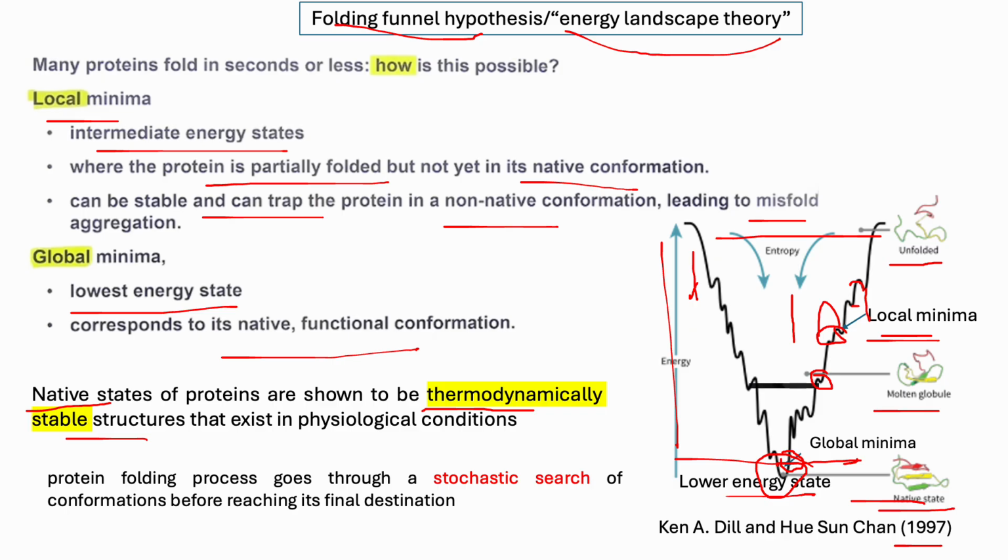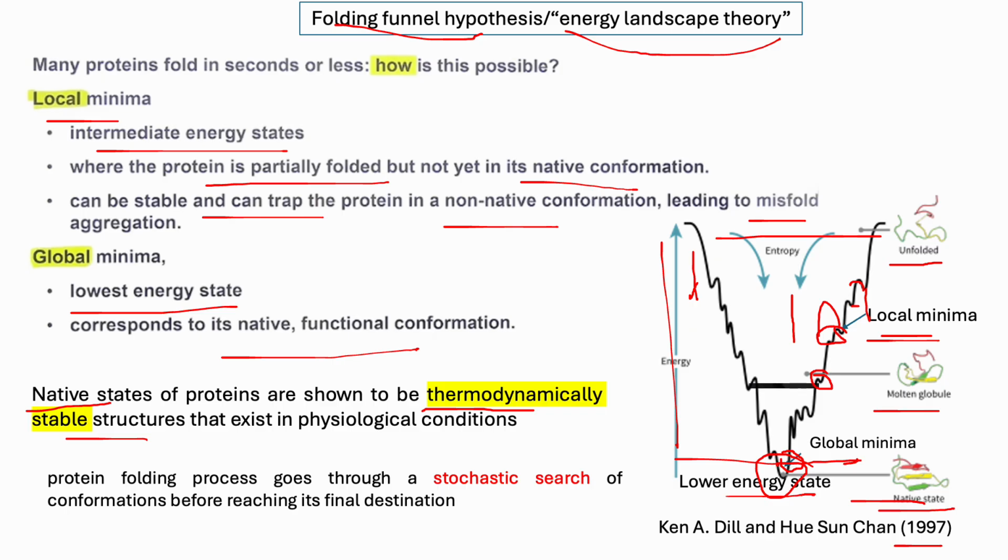So if we say again what actually the folding funnel hypothesis is, as I told, Levinthal actually thought that for a protein to fold a single 100 amino acid residue structure, it would need even more time than the age of the universe. But that's not possible theoretically because protein folding does not happen randomly.